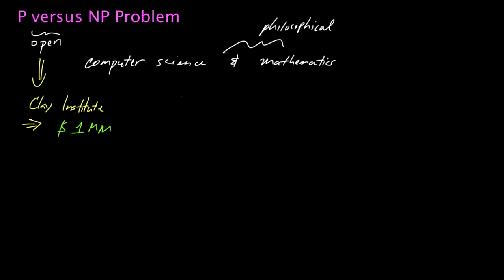Okay? Now, this P versus NP problem belongs to a branch of computer science that intersects with mathematics, known as theoretical computer science. Okay? And within theoretical computer science, there's a sub-branch known as computational complexity theory, often just abbreviated as complexity theory.